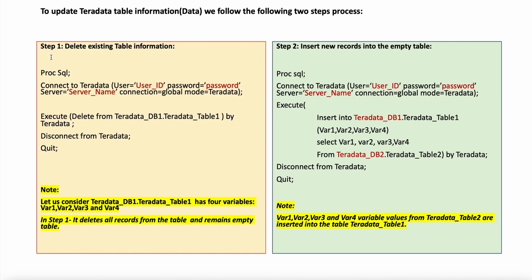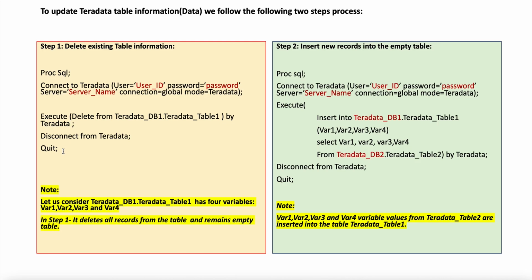Let me explain step 1. In case of step 1, we use the proc sql pass-through method. Proc sql connect to Teradata. We provide user ID, password, server name, connection global, mode Teradata. Then execute delete from teradata_db1.teradata_table1. That means delete all the rows from table 1 by Teradata, disconnect from Teradata, quit.